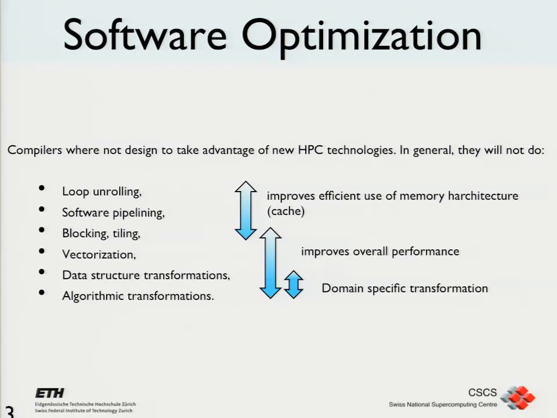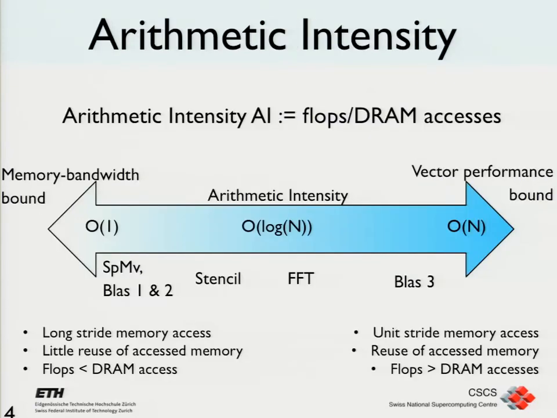So I'm going to talk about those techniques now through a very simple example. This is more difficult, and if you want to get really, really good performance, you will have to go through this, but it's quite difficult.